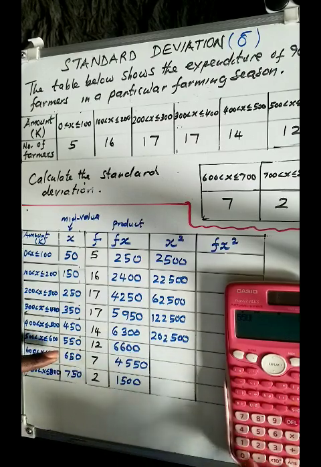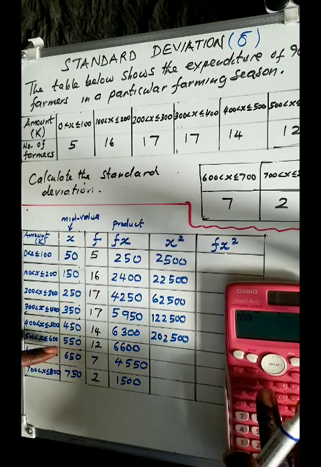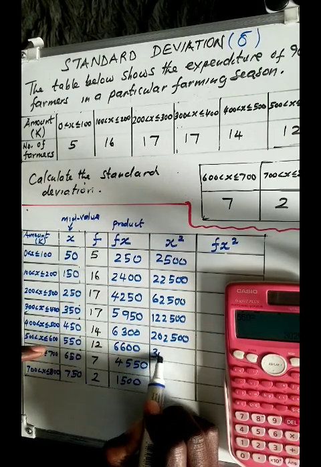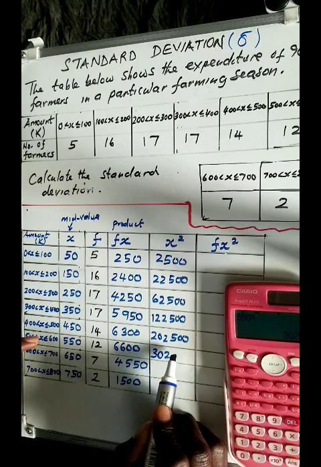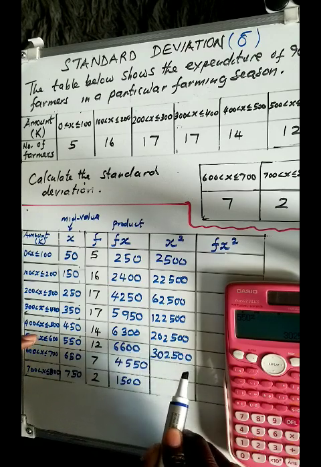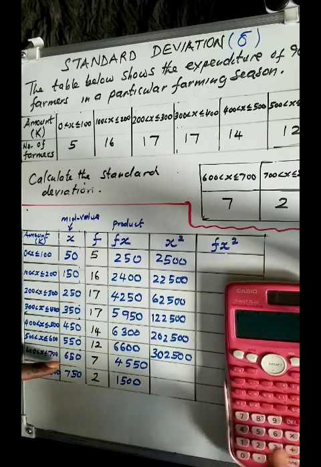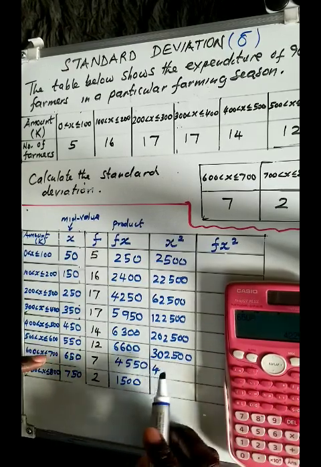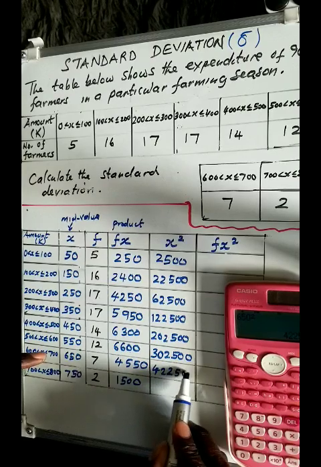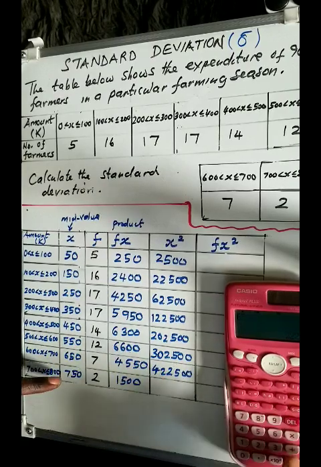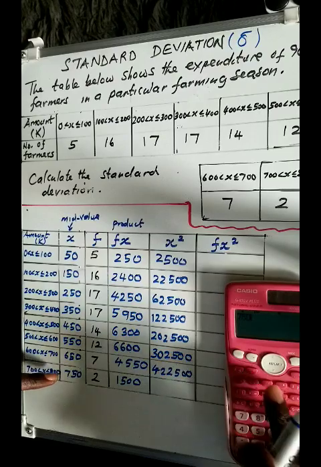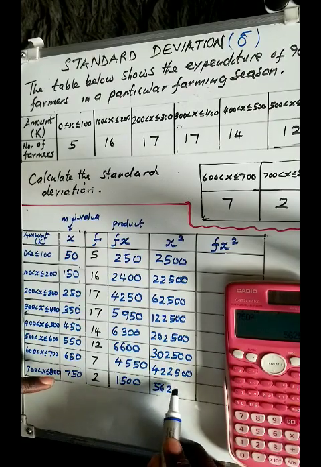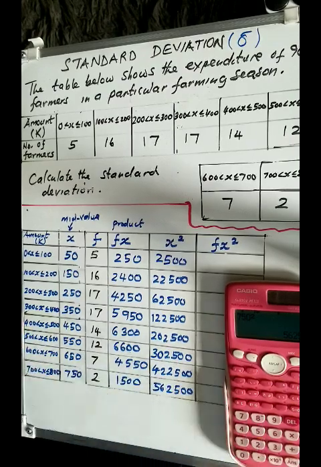Then 550 raised to the power 2 is going to give me 302,500. Right? Then we move on to 650 raised to the power 2, which is going to give me 422,500. Then we are going to have 750 again raised to the power 2. That is going to give us 562,500. So that is what we need.